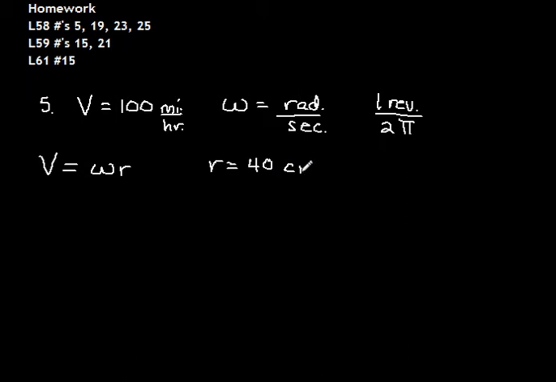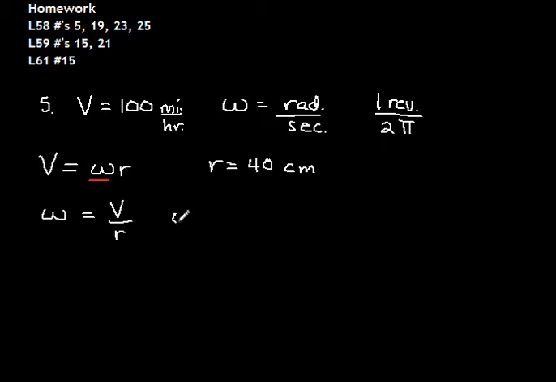So this is just a problem of unit conversions, is about all it is. We want the angular velocity right there, so we have to solve for that letter. So we get angular velocity equals linear velocity divided by the radius.